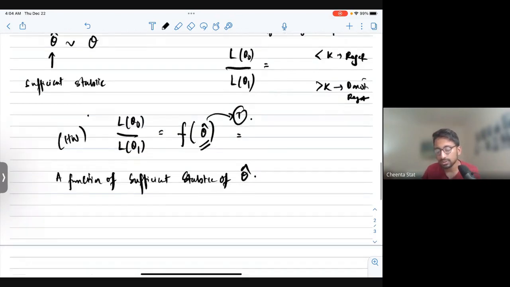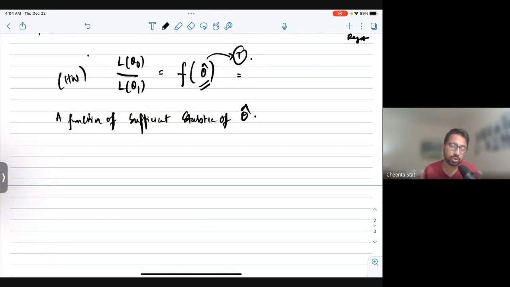Essentially, you will see that for every usual, basic problem of testing a hypothesis, the rejection region turns out to be in terms of the sufficient statistic. For example, for the normal, it turns out to be x bar greater than something or less than something.